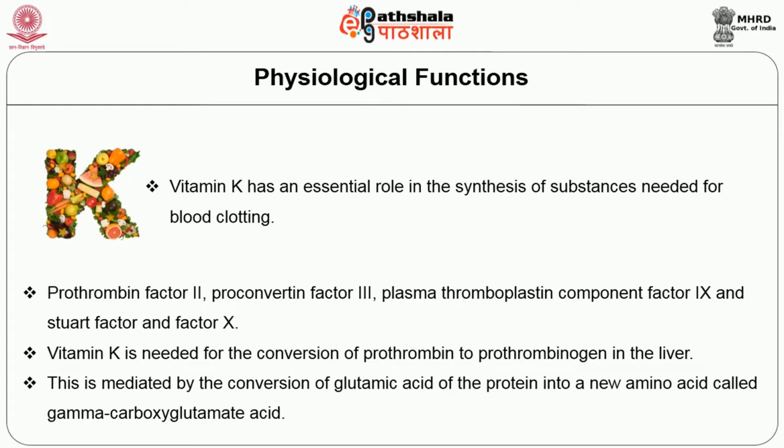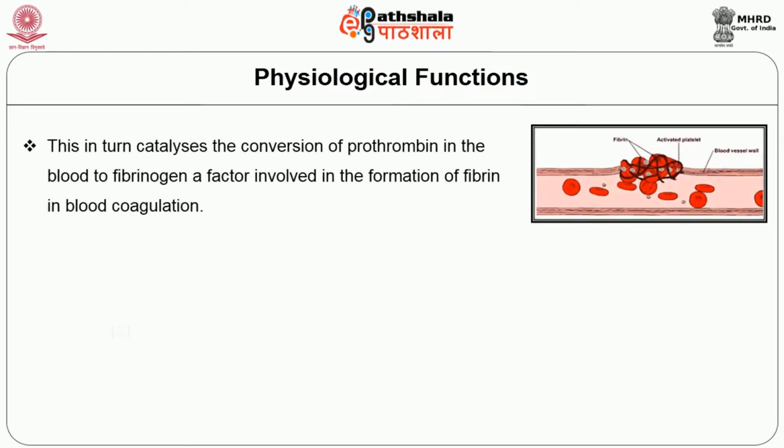This is mediated by the conversion of glutamic acid of the protein into a new amino acid called gamma-carboxyglutamic acid. This in turn catalyzes the conversion of prothrombin in the blood to fibrinogen, a factor involved in the formation of fibrin in blood coagulation.